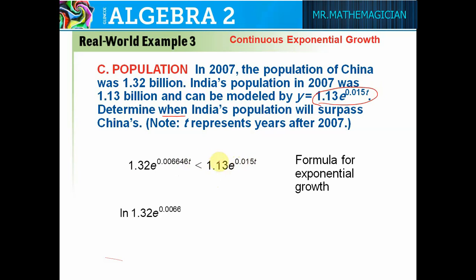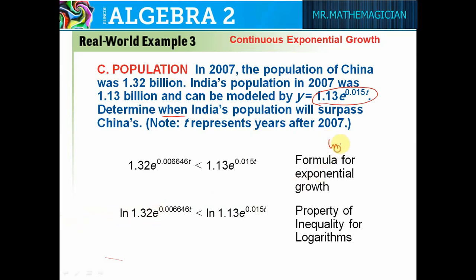This is very easy. Just take ln for both sides, and you know that ln will break the multiplication into addition using the very famous rule ln xy equals ln x plus ln y.